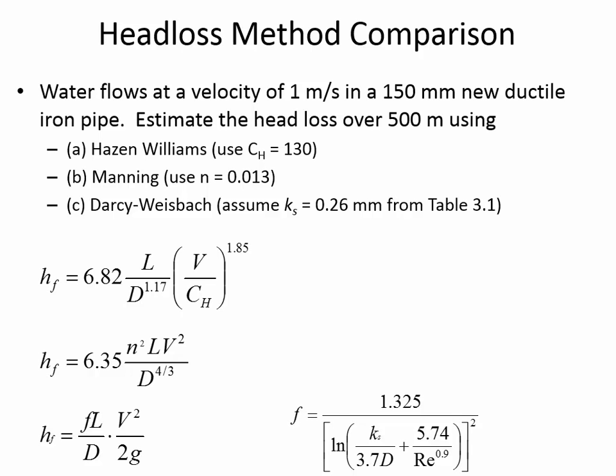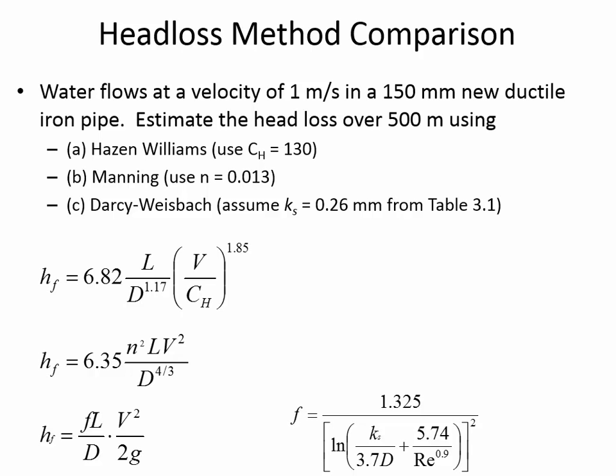Okay, so in this case, we need to know our Reynolds number, and we're going to do that with the velocity times the diameter divided by the kinematic viscosity. This is water that's flowing through the pipe. We don't know anything about its temperature, so we'll just use the standard 1 times 10 to the minus 6th meters squared per second, which is a typical kinematic viscosity for water at room temperature.